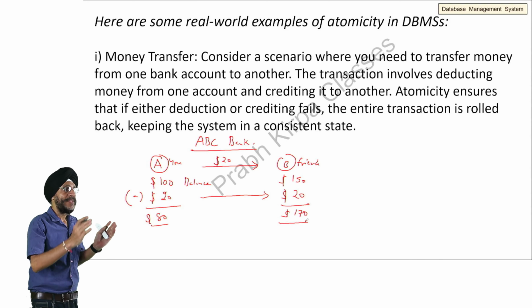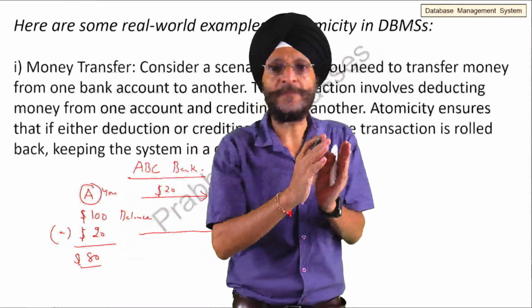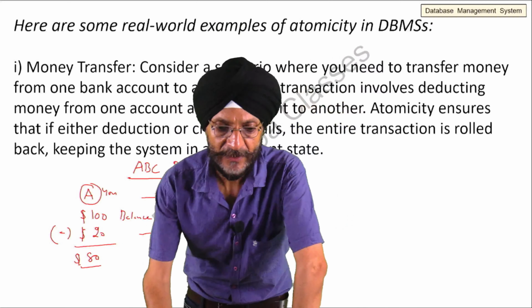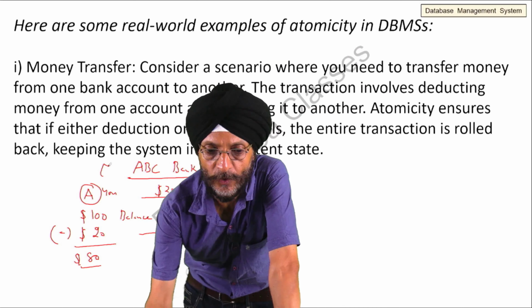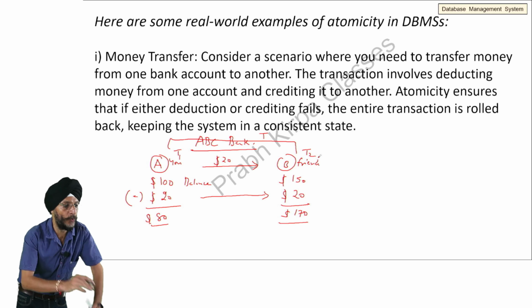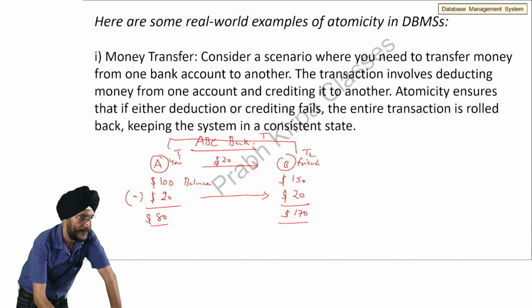So if there is a system crash or internet failure or power failure at any of these steps, this is the whole transaction, and these are the two sub-operations of the single transaction.